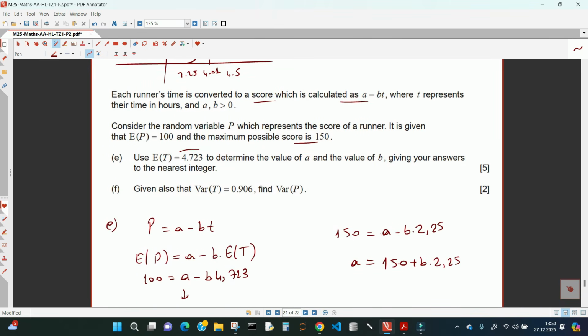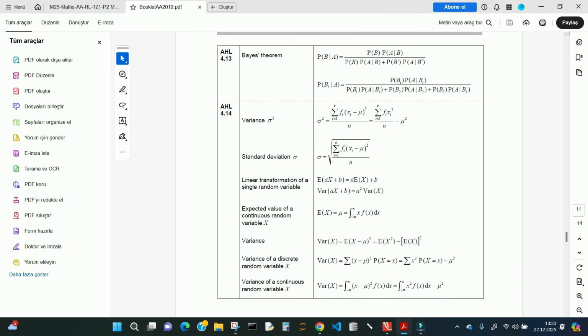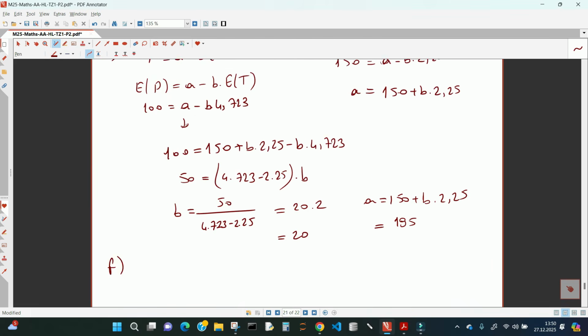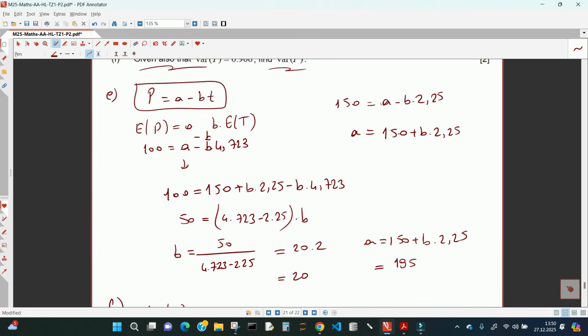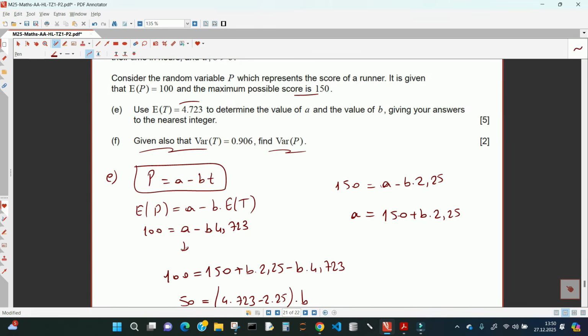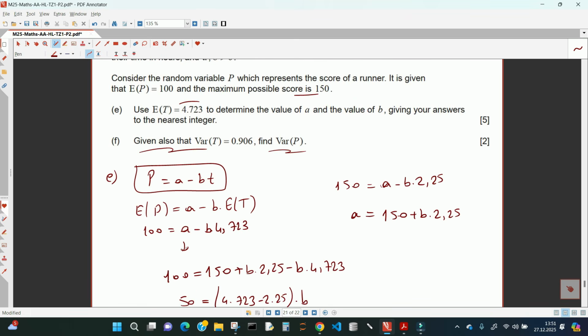The next question is, given also that variance of T equals 0.906, find variance of P. So in the formula booklet, the formula is in here, right? This one. In this case, I can write from here, for this equation, variance of P equals B squared times variance of T. What is variance of T? 0.906, and variance of P is what we're gonna find.